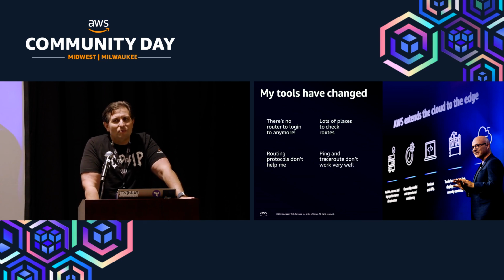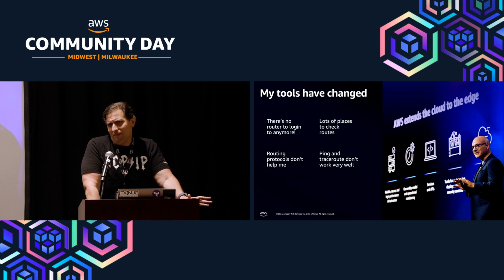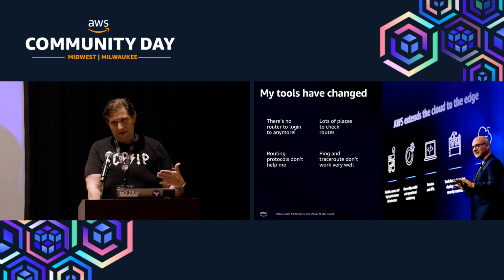The stuff I use on-prem, it's sad to say, most of us on-prem engineers still use the tried and true ping and traceroute. They don't work very well at all inside AWS. In a lot of ways, that's a good reason. A lot of people consider these tools somewhat insecure because you can use them to figure out where everything is connected. But at the same time, I don't have any ability to say, okay, where does my traffic actually stop?